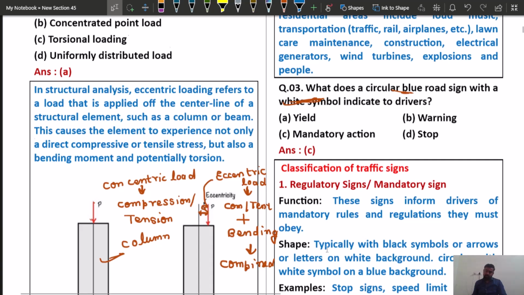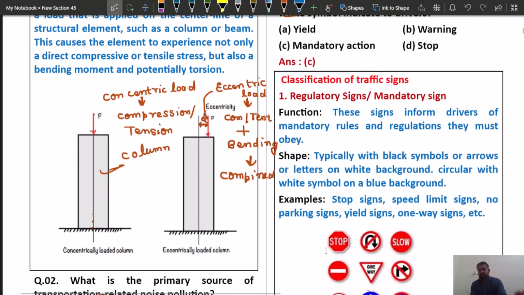If you are talking about the classification of traffic signs, why are traffic signs provided? Traffic signs are provided on the routes for the transportation so that it will be safe from accidents and smooth transition will be done. So there are different traffic signs provided. These are first regulatory signs or mandatory signs.